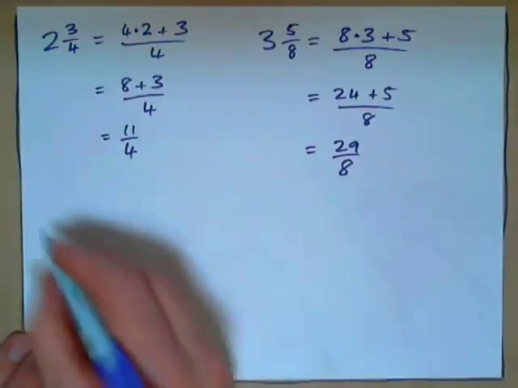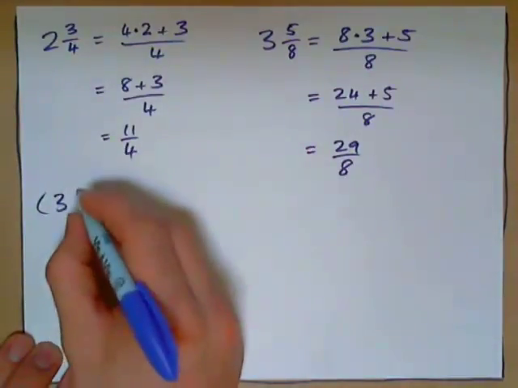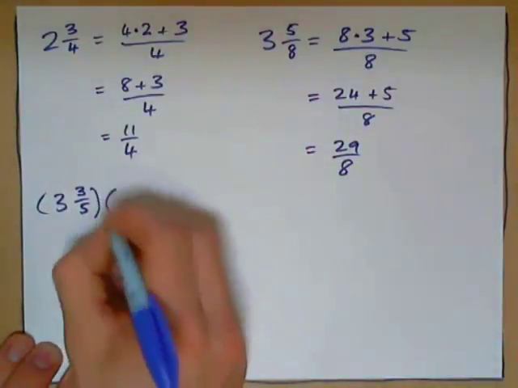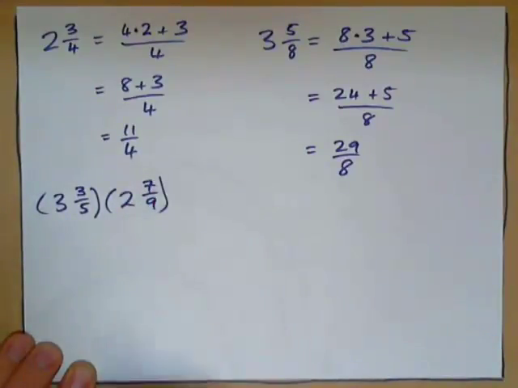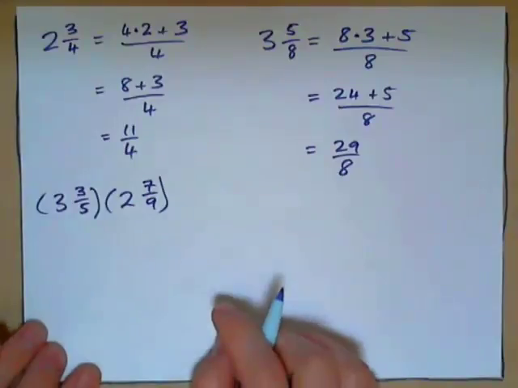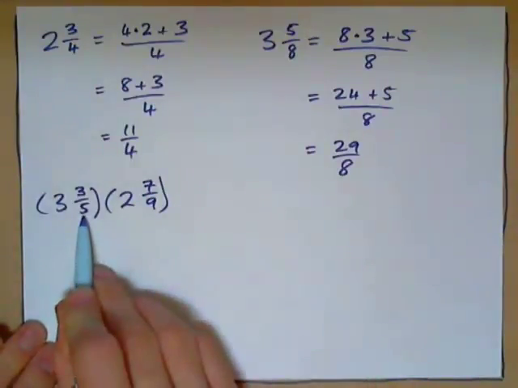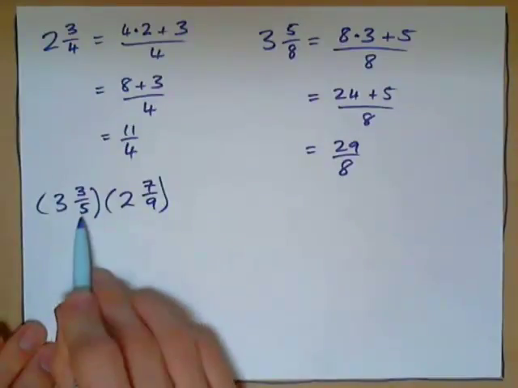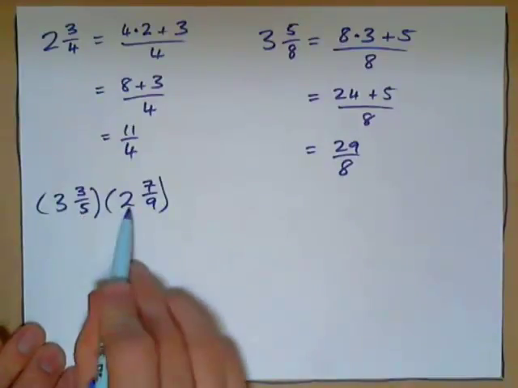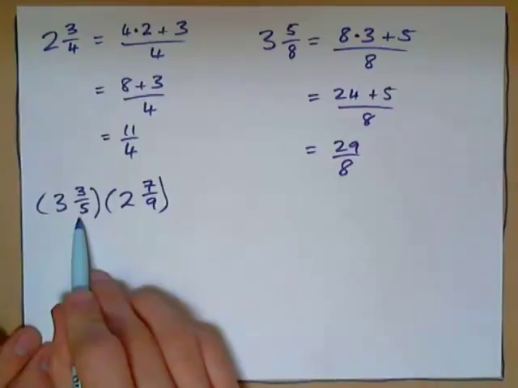So if we were to multiply 3 3/5 by 2 7/9, the best way to do it, if you multiply two mixed numbers, is to first turn them both into improper fractions.